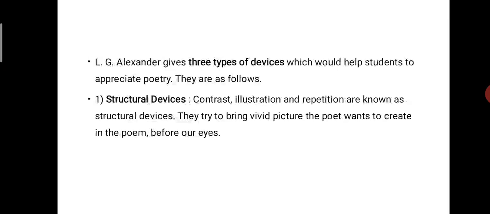So, the poet uses contrast to show different meanings, or uses comparison in writing the poetry.